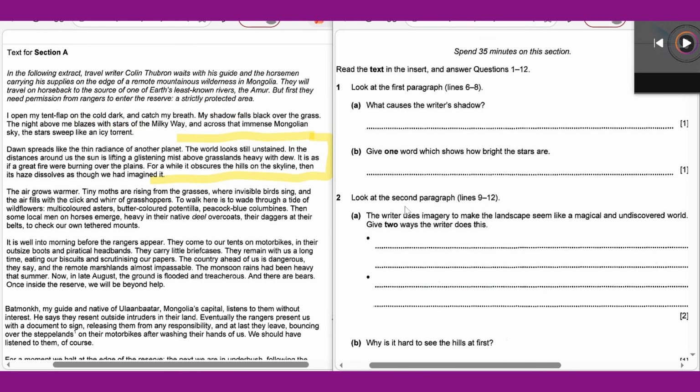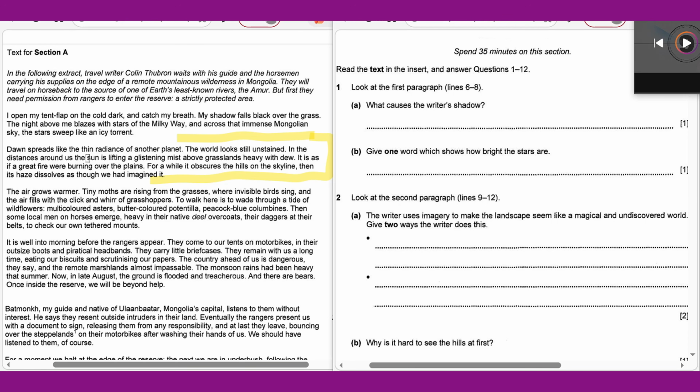Question 2. Look at the same paragraph, lines 9 to 12. This is in the yellow section. 2a: The writer uses imagery to make the landscape seem like a magical and undiscovered world. Give 2 ways the writer does this. Are you done, guys?